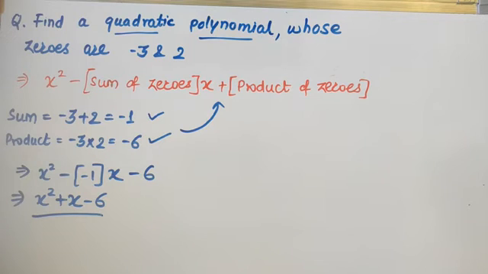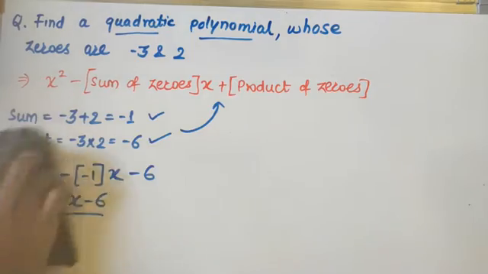Let us move on further. Let us see what will be our next example. Before going further, if you don't have the basic knowledge of polynomial, I will repeat it for you. What is a polynomial and the basic equation of a polynomial? The basic equation of a polynomial is given by p of x.